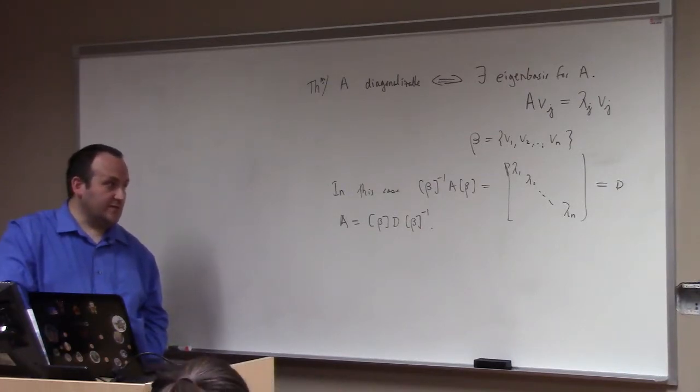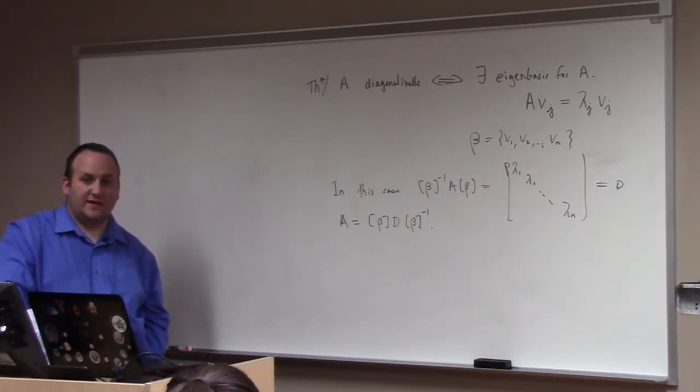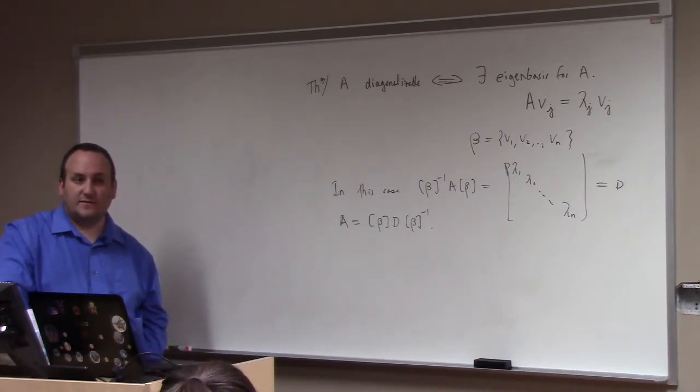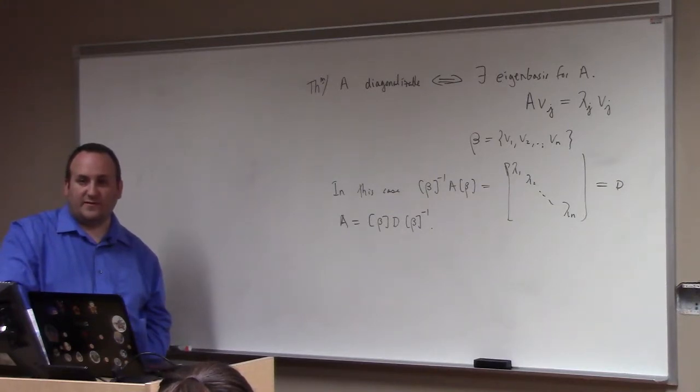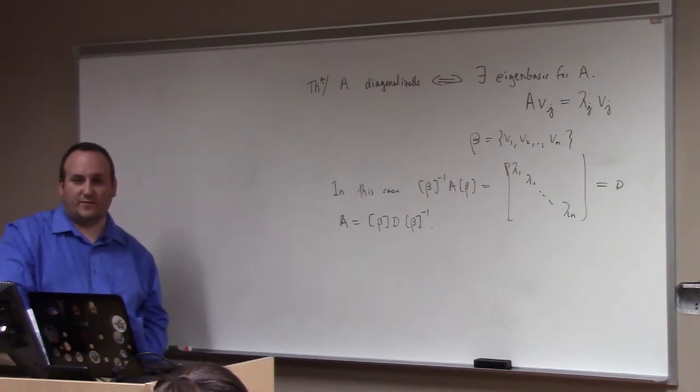So, long story short, two matrices, A and B, are similar if and only if they have the same Jordan form up to reordering of the blocks. Now here, I must assume we're working over the complexes when I say that. Otherwise, what's the wrinkle? We don't always have a Jordan form, right?